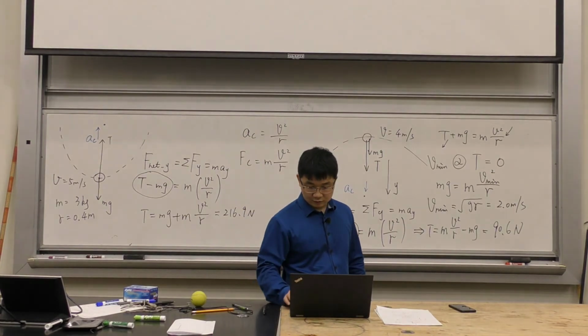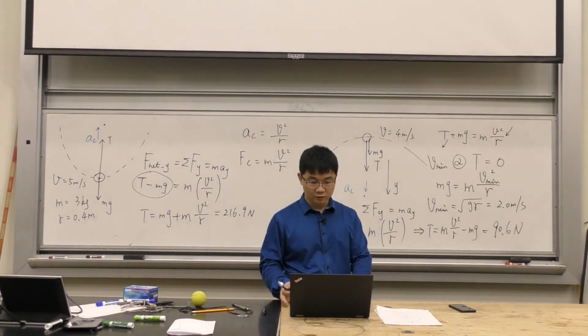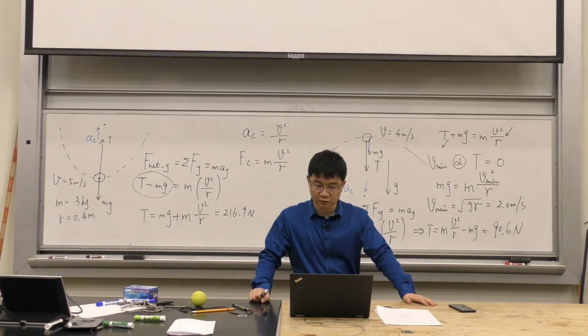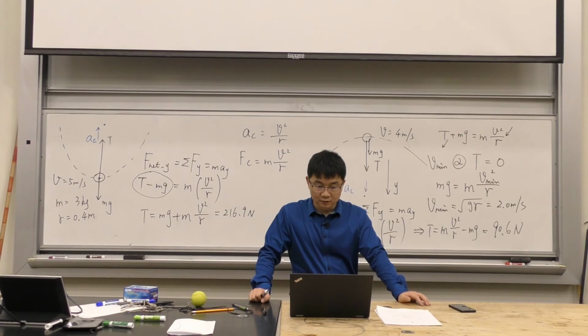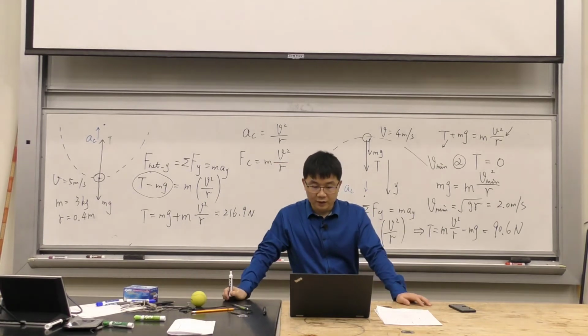So now let's take a look at another question. This is the last question, where I want you to, again, practice circular motion. This is the question on slide 13. A model airplane of mass 0.75 kilograms flies in a horizontal circle at the end of a 4-meter long control wire.